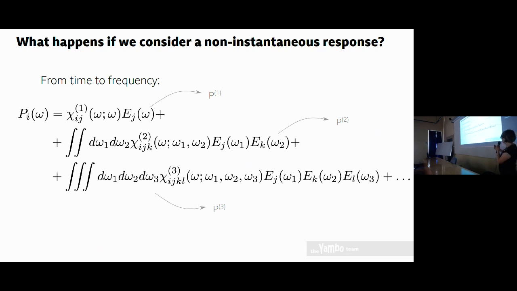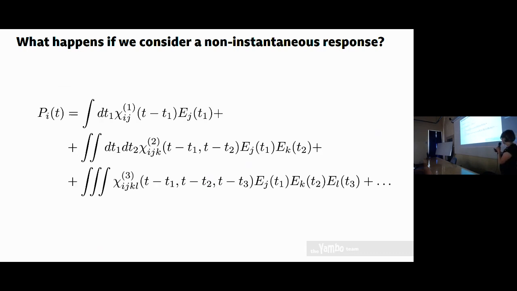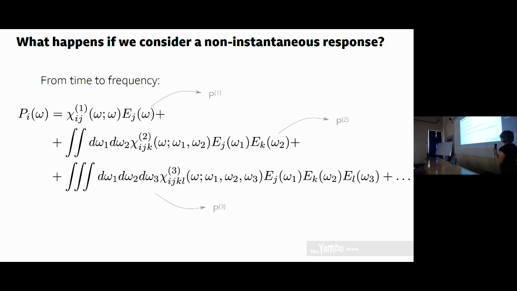So for example, if you have a delta kick, then here you will have some delta T1, delta T2, so you can get the susceptibilities in time, but of course you will sum over all the different orders.